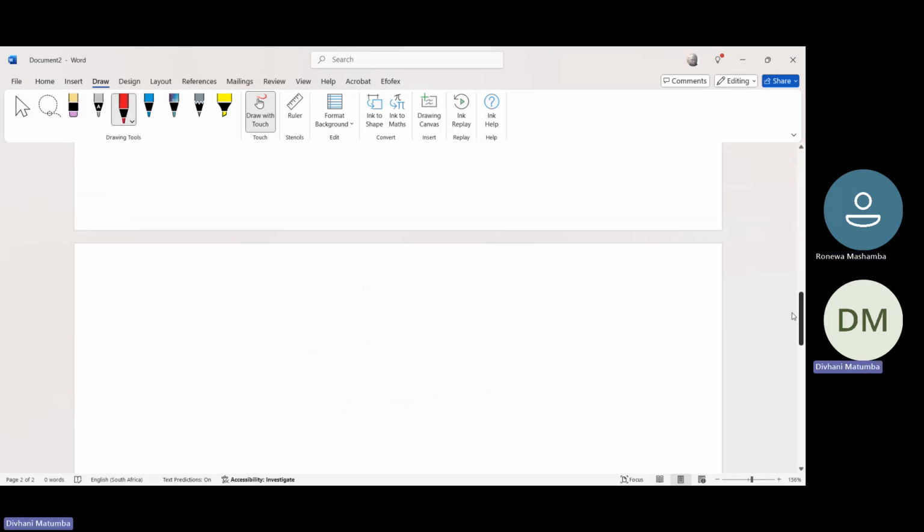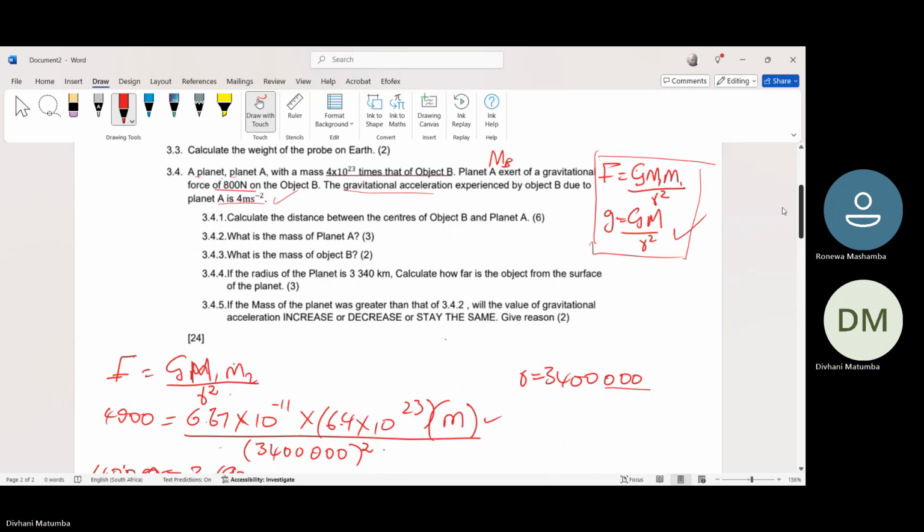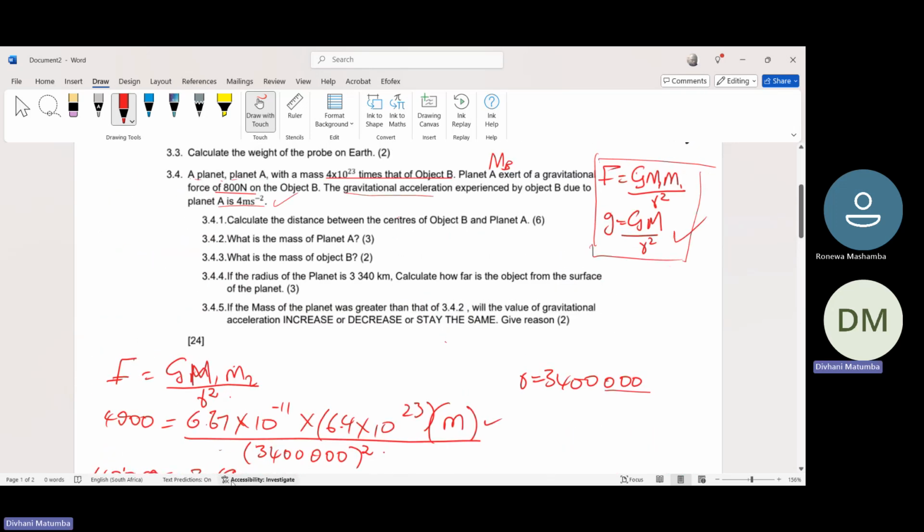The last question says, if the mass of the planet was greater than that of 3.4.2, will the value of gravitational acceleration increase, decrease, or stay the same?